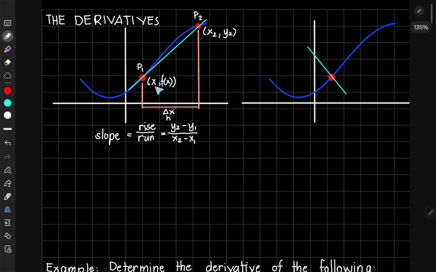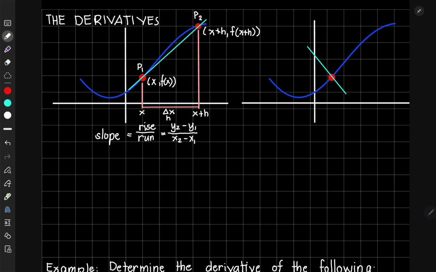So kung sa point 1 we have x dito, sa point 2 naman magiging x plus yung h, or sometimes x plus yung delta x, or your change of x, pero gawin na lang natin h. So x plus h. So baguhin natin yung x2 dito, magiging x plus h, while yung y2 kanina magiging f of x plus h, para maging function notation siya.